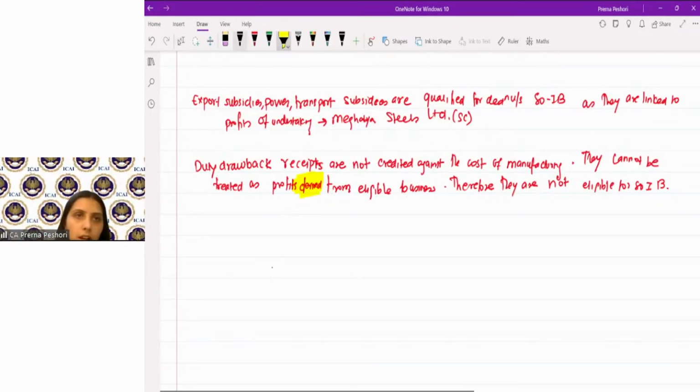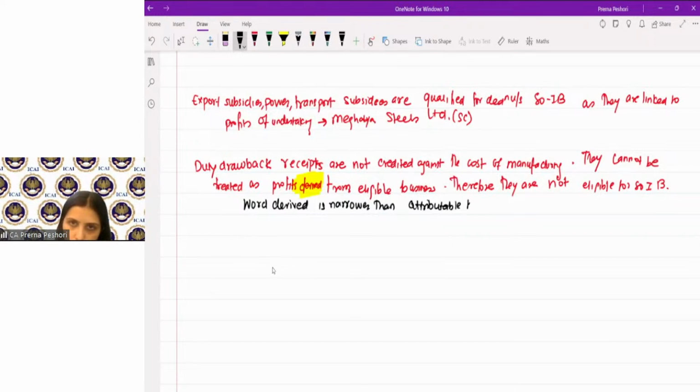So here you can write it down: the word derived is narrower than attributable to. It's not profit attributable to the eligible business, but profit which is derived from the eligible business which is considered over here. Clear?